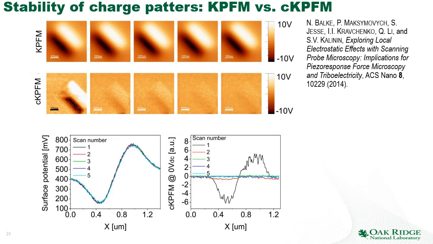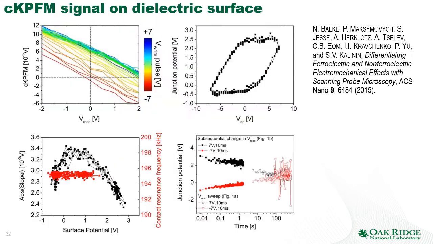We gain very high spatial resolution, but we lose, our charges are not standard. In the KPFM, the charges cannot be exchanged with the tip during the measurement state, so they stay in place, but the resolution is much lower because now we measure the electrostatic forces away from the surface.